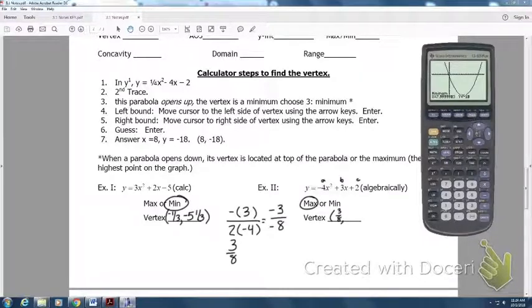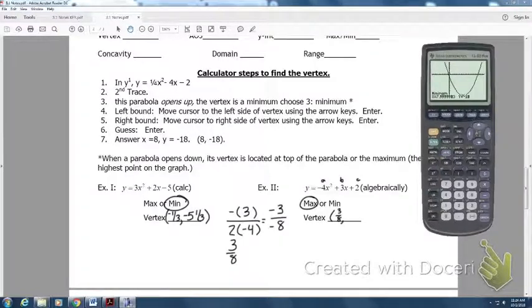After you get that, you are going to plug that back in for x. Looking at that equation, there's 2 x's. There's the x squared and the x. Which one do I plug it into? Both of them. Got it?